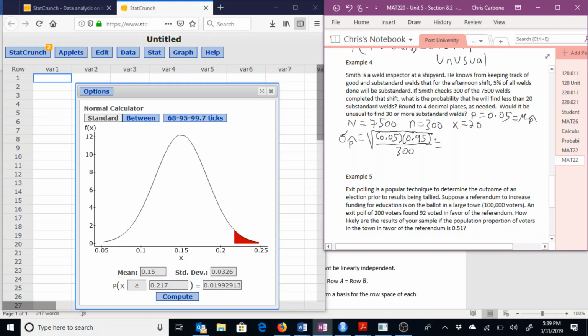So very quickly throwing that into a calculator, we'll get ourselves a value of 0.0126.